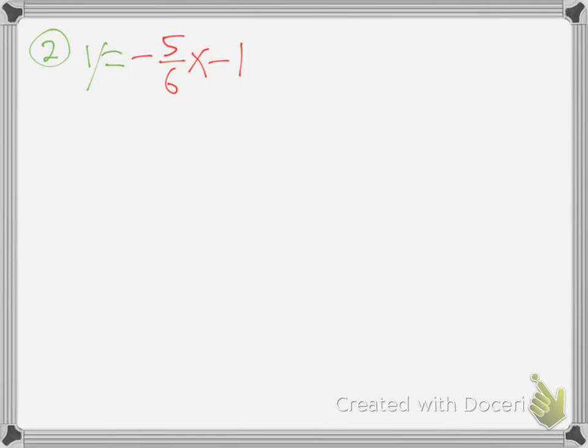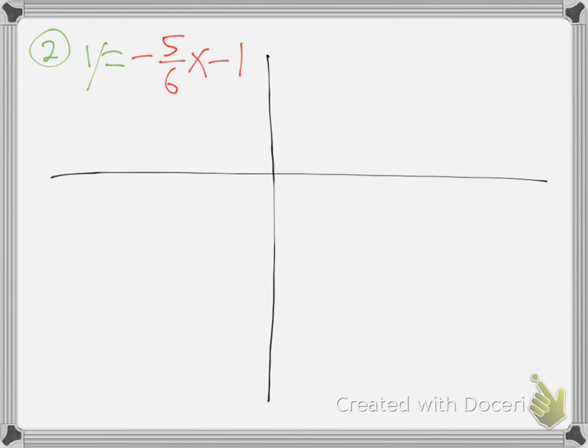Can you graph that one? Find your first dot, and then march off the slope for your second dot.